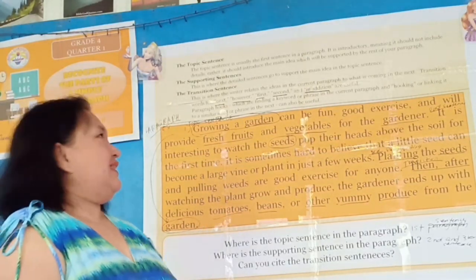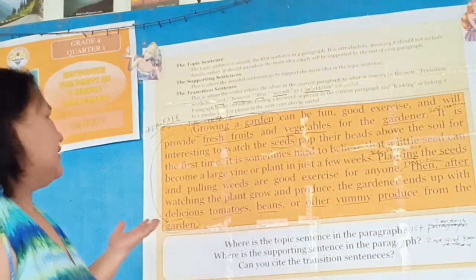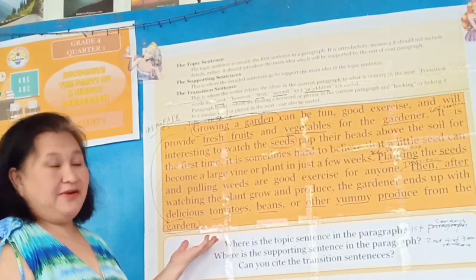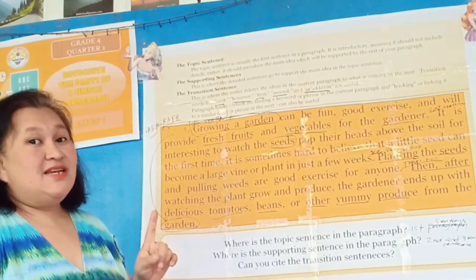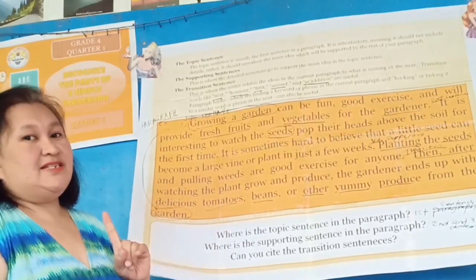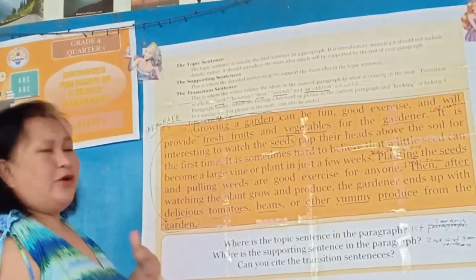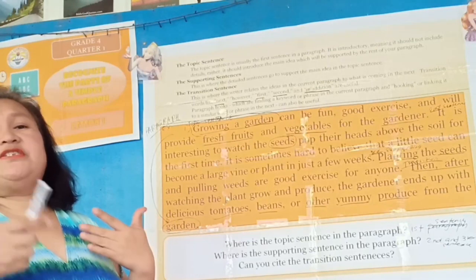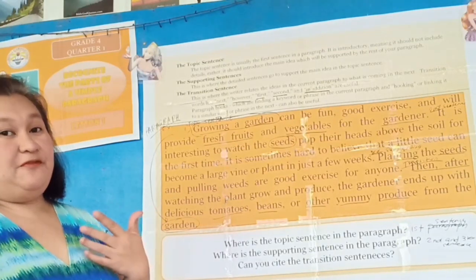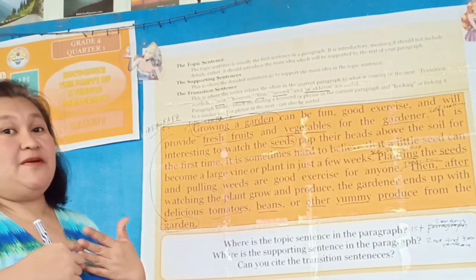Before we end, let's again review the different parts of the paragraph. The topic sentence, usually the first sentence. And then the supporting sentences, they support what is written in the first sentence of the paragraph.